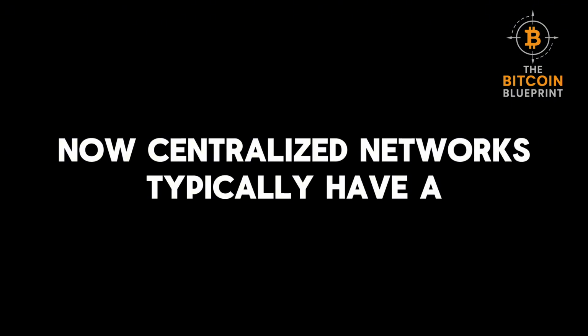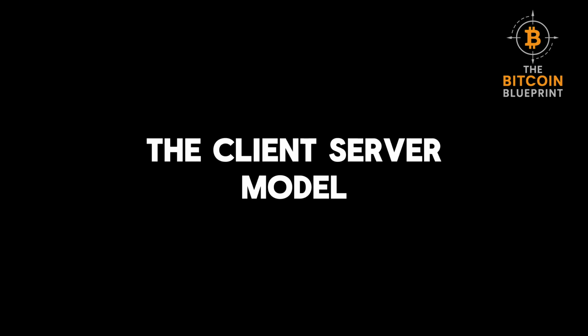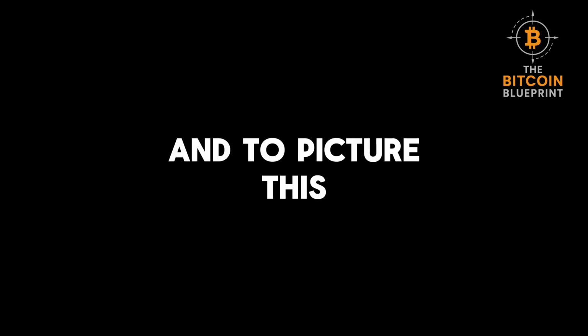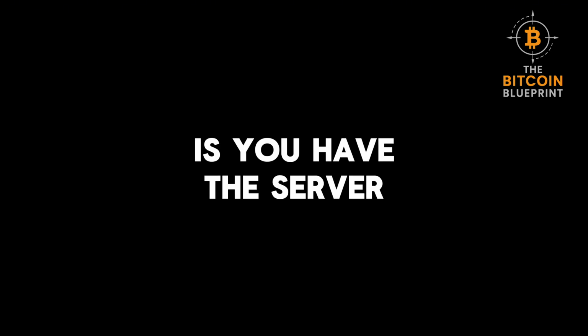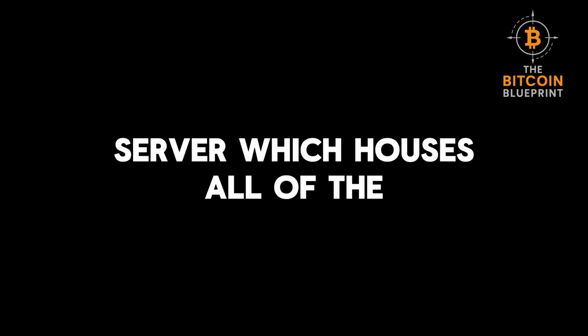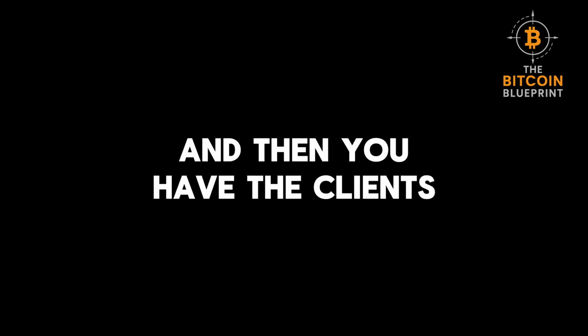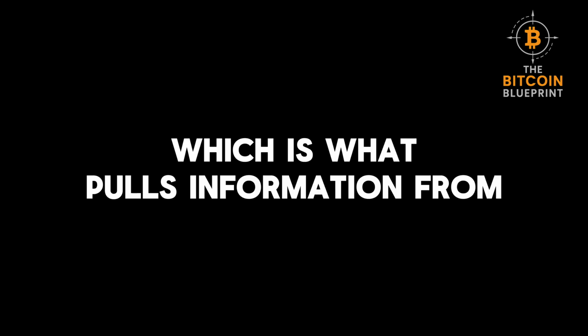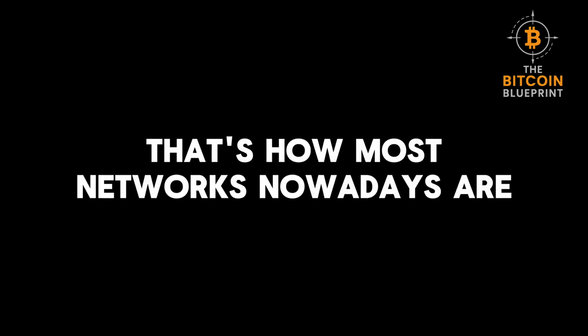Now, centralized networks typically follow a model called the client-server model. To picture how this works, you have the server, which houses all of the network's data, and then you have the client, which pulls information from the server. That's how most networks nowadays are set up.